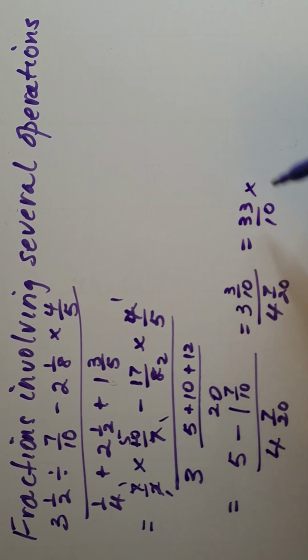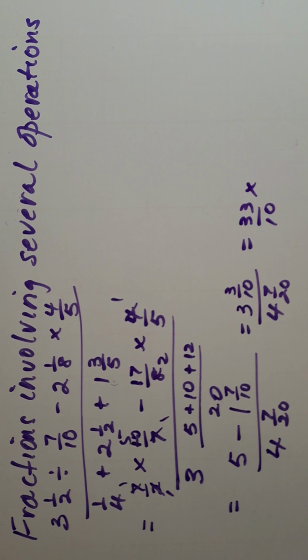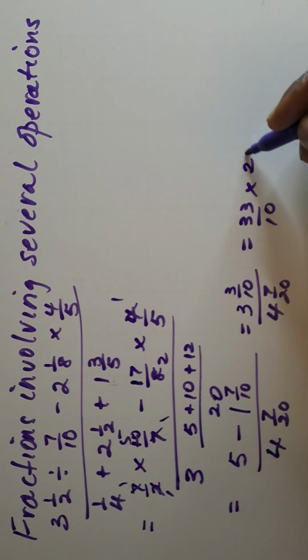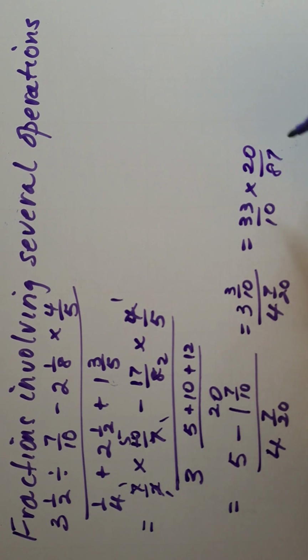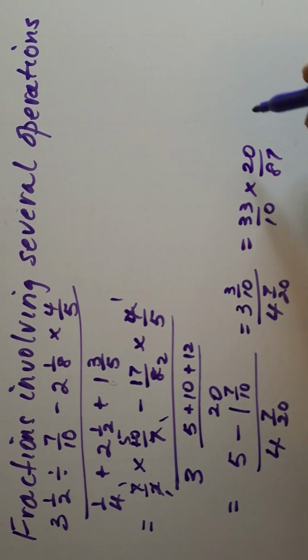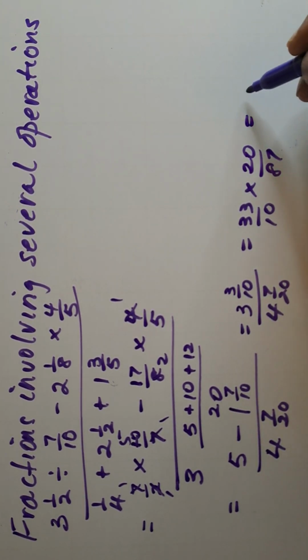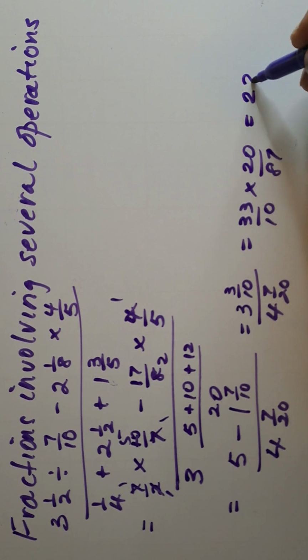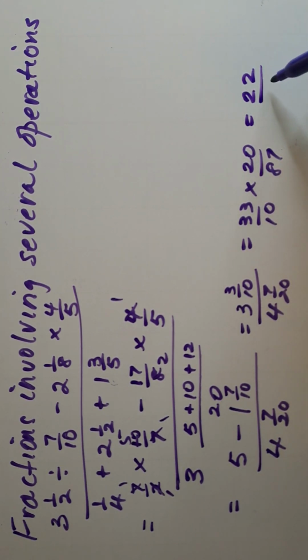And this is 87/20. When we turn it into multiplication, it's 20/87. And this simplifies to give us the final simplification as 22/29.